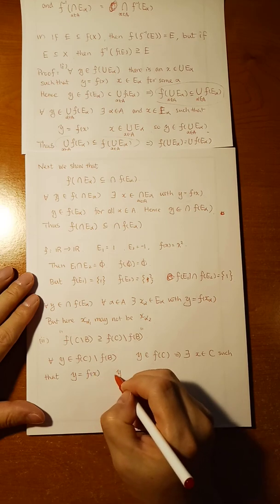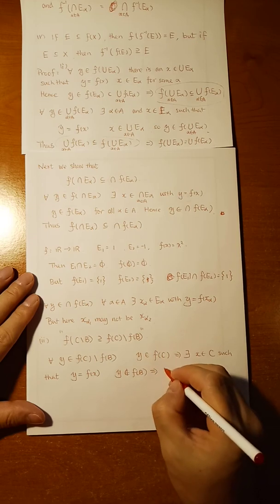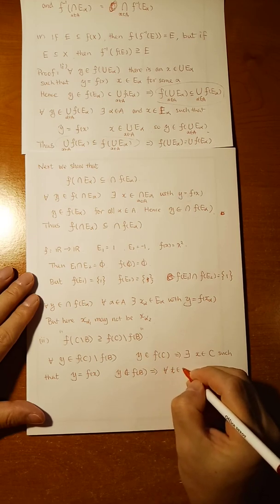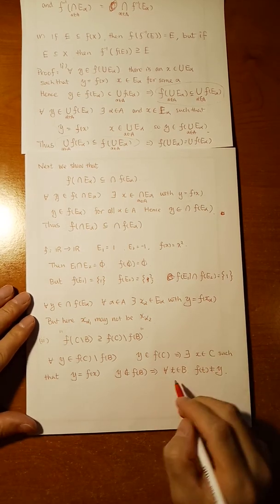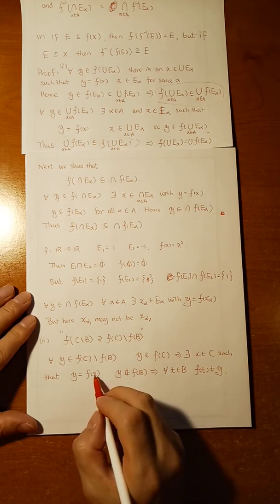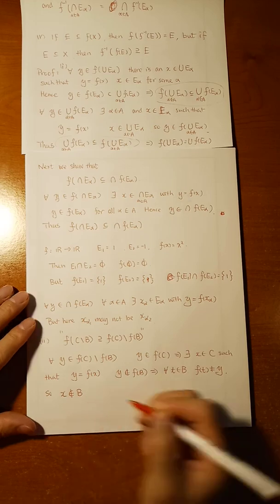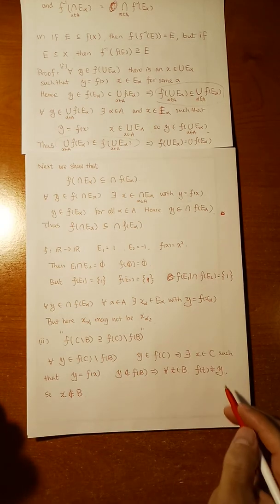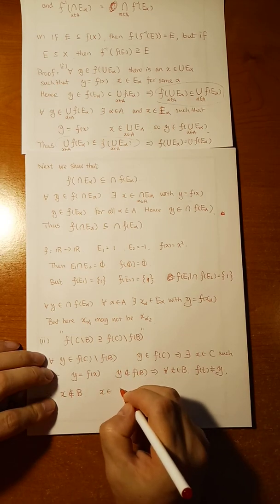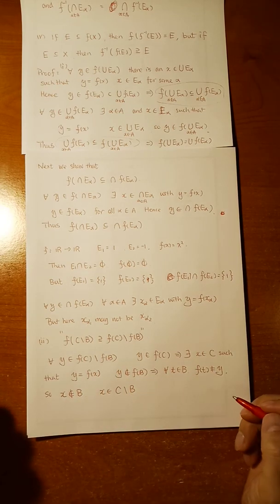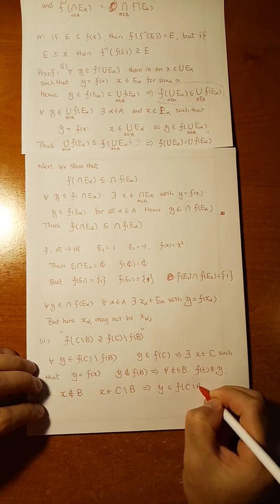But y is not in f(B), which implies for all t in B, f(t) is not equal to y. Since f(x) is equal to y, x is not in B. So x is in C, but x is not in B. x belongs to C without B. Hence, y belongs to f of C without B.